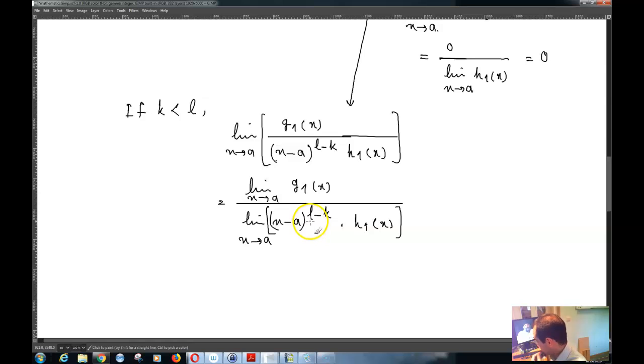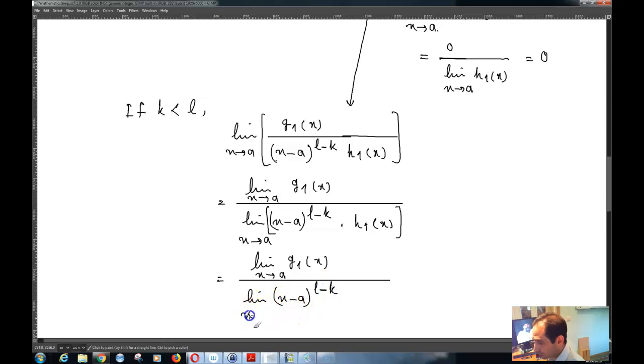This is equal to the limit of g1(x) as x tends to a, over the limit of (x − a) raised to the power L − k as x tends to a, times the limit of h1(x) as x tends to a.